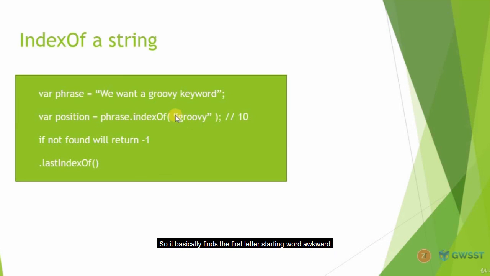It basically finds the first letter of the word. So we're going to start counting 1, 2, and even blank spaces are considered as letters and will be counted too. So in this case, the answer is going to be 10. If nothing is found, the result will be -1. We can also find the last index of a string by simply specifying .lastIndexOf.